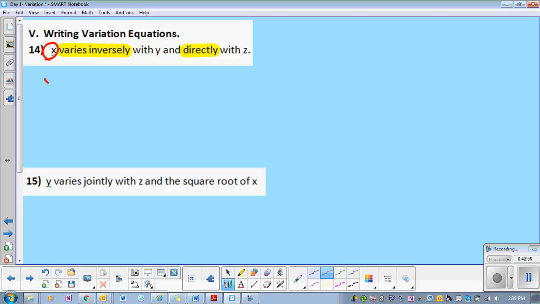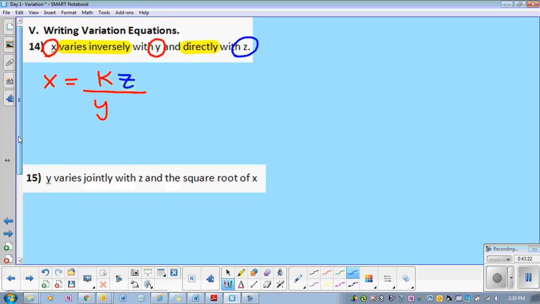X varies inversely, so equals K. And if it's inversely, where does this Y go? Bottom. And directly with Z, then where does the Z go? Up top, because it's multiplying, right? Does that make sense?